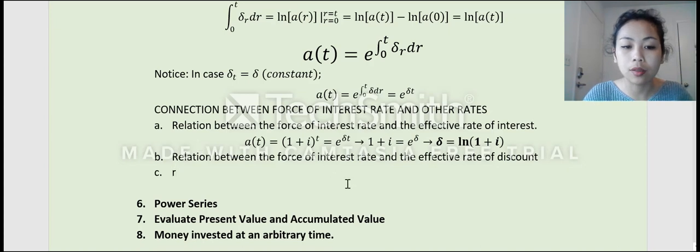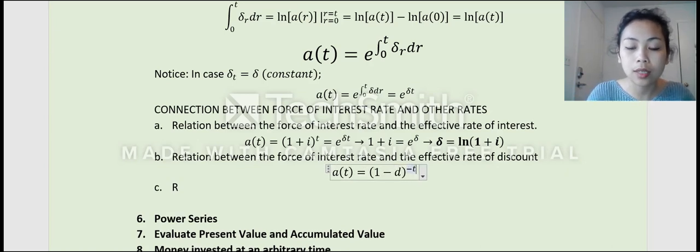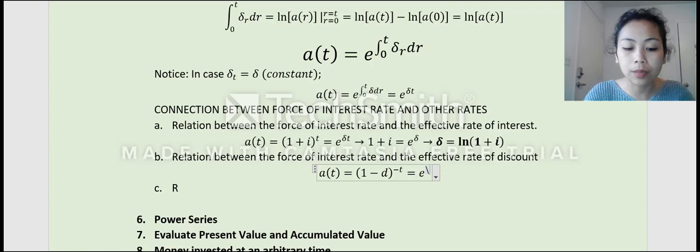C would be another type of relation. For this one, we start with A of t equal to 1 minus d to the power of negative t, and this equals e to the power of delta t. So we have 1 minus d inverse equal to e to the delta t.